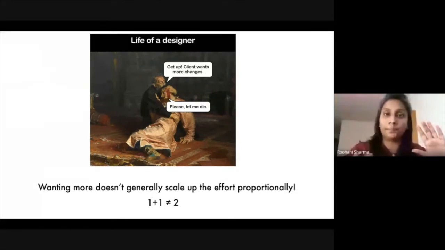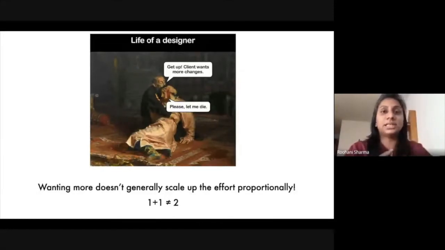So in an ideal world, since the extra condition is only an additive condition, we would want to be able to reuse what we have already developed for the original problem at hand, and then probably do some additional work to cater to the additional constraint that the client has put on us. And typically, more often than not, this is not the case.